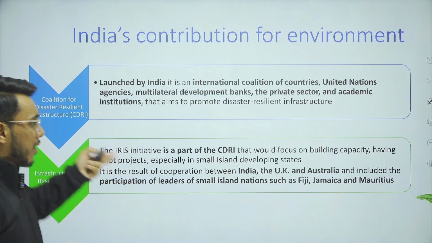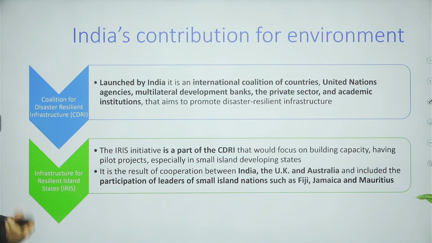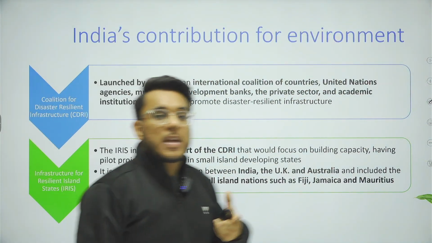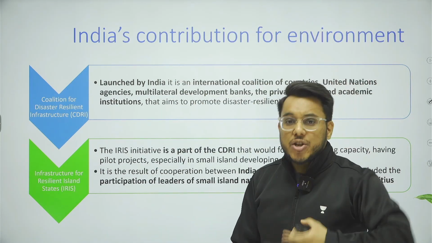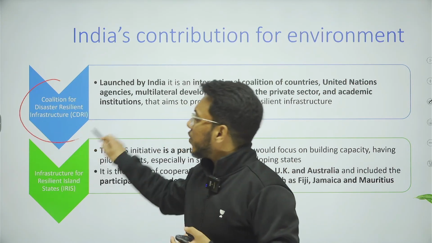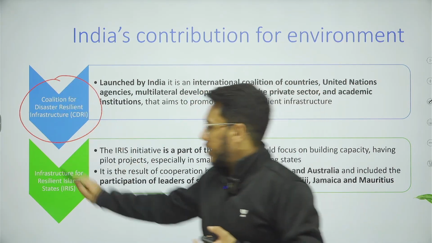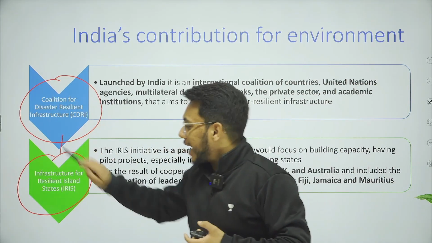Moreover, even the environment, which today is a buzzword around the world. On the environment also, there are India's initiatives, for example, the Coalition for Disaster Resilient Infrastructure and Infrastructure for Resilient Island States.